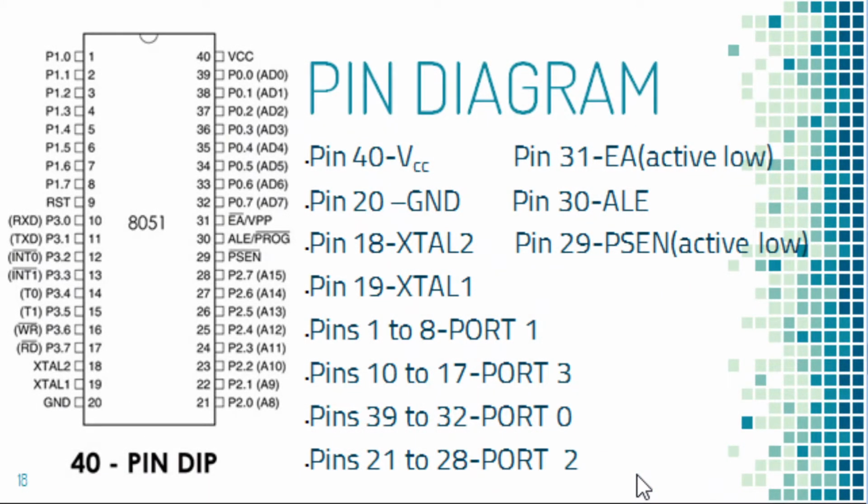Pin 31, pin 30 and pin 29 are external access, address latch enable and program store enable respectively. Pins 31, 30 and 29 help to access external memory when needed.